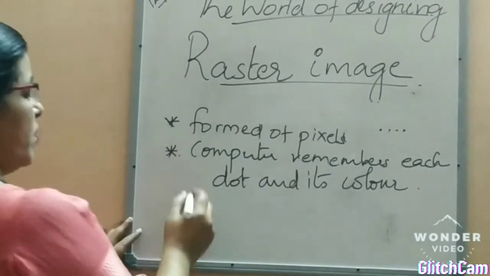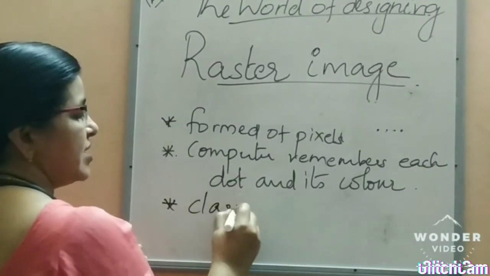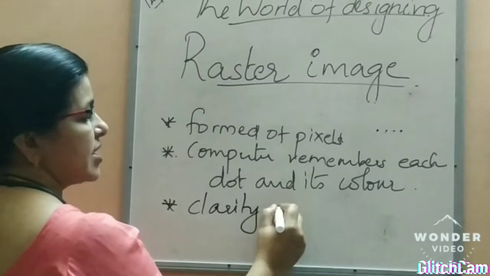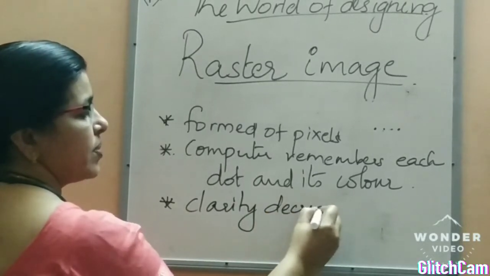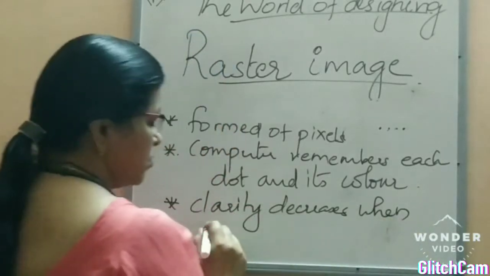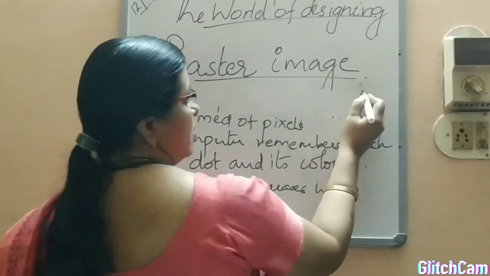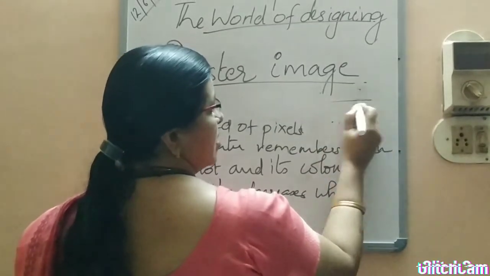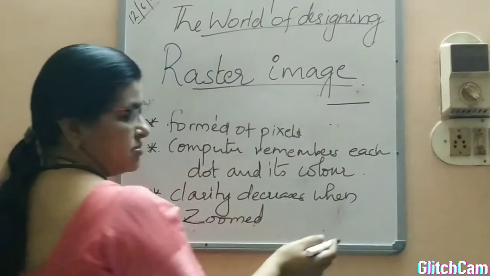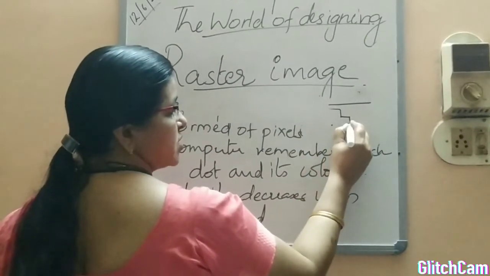Then, what about the clarity? Clarity decreases when zoomed. For example, when we draw a line and try to zoom it, what happens? It becomes a square shape.